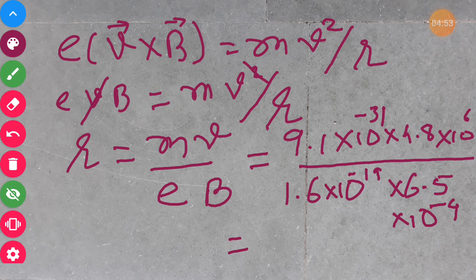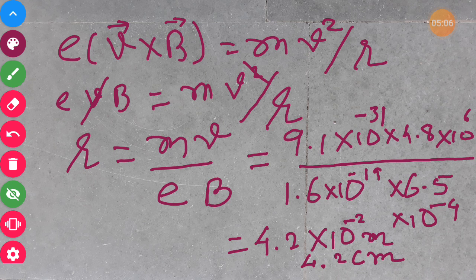If you simplify this, you will get 4.2 × 10^-2 meter, or we can say it will be 4.2 centimeter. It's a very easy one, you can calculate easily.